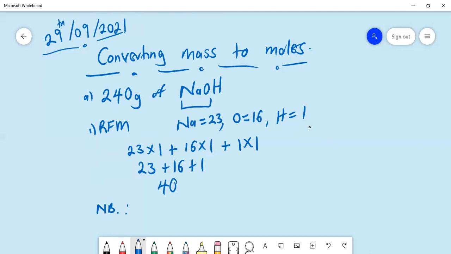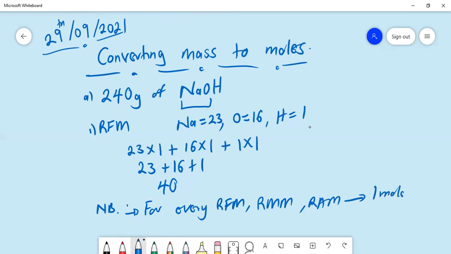But let me put an NB here. We said that RFM or RAM, relative atomic mass, are always in 1 mole.